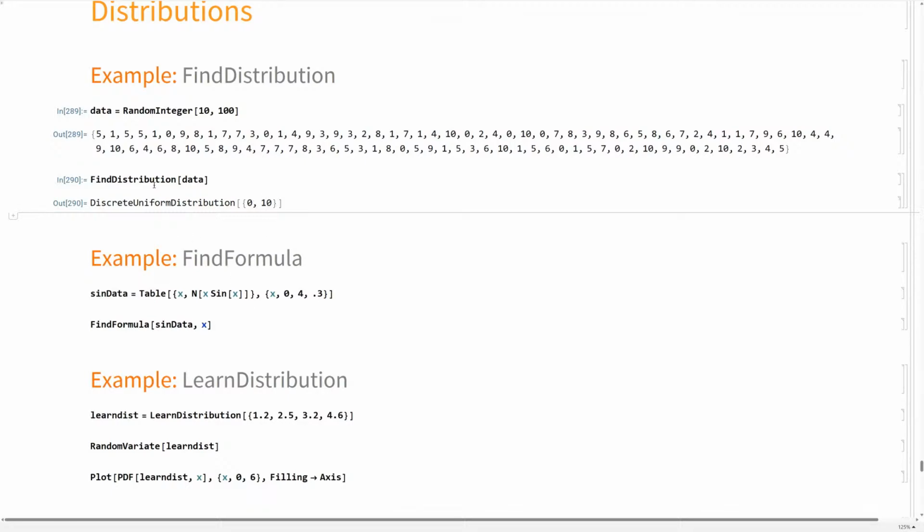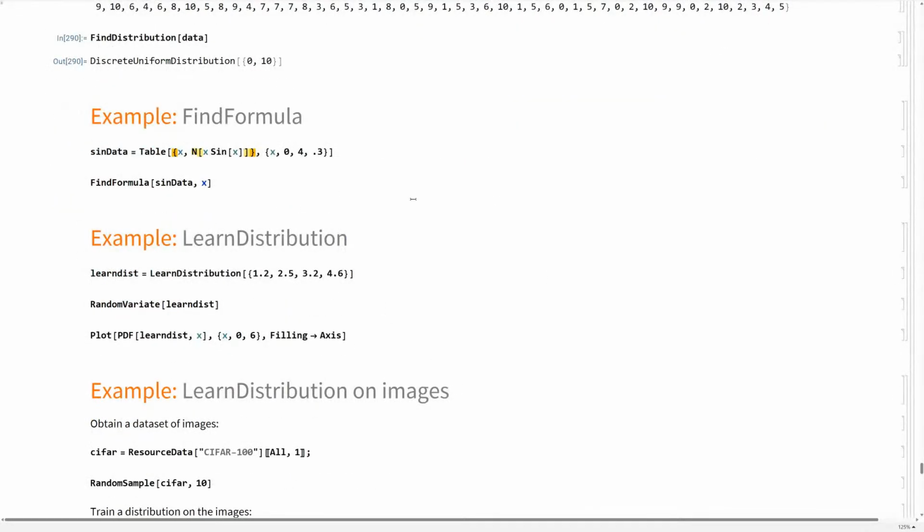And I believe that find distribution has machine learning behind the scenes. It's not just about algorithms, it's about data feeding. Here again, find distribution gave us a distribution, so I can apply all the PDF, variance, and all those statistics tools to it.